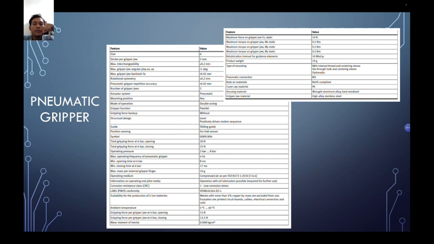Minimum operation time is 8 millisecond for opening and 17 millisecond for closing. The gripper can carry a product weight of 19 gram. Maximum force of this gripper is 10 Newton, and maximum torque is 0.5 Newton meter.